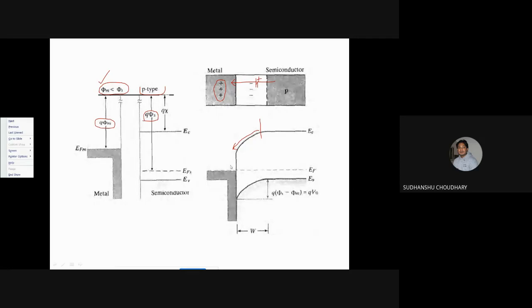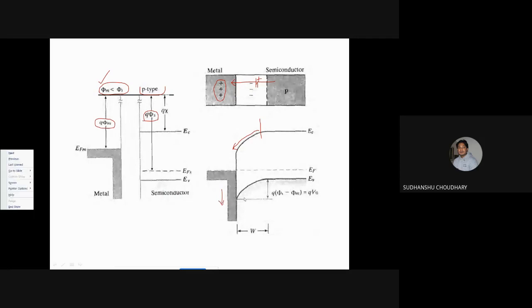So again I see that I now have a barrier for holes here. Holes see this much barrier, since hole energy increases as you move down the valence band edge.